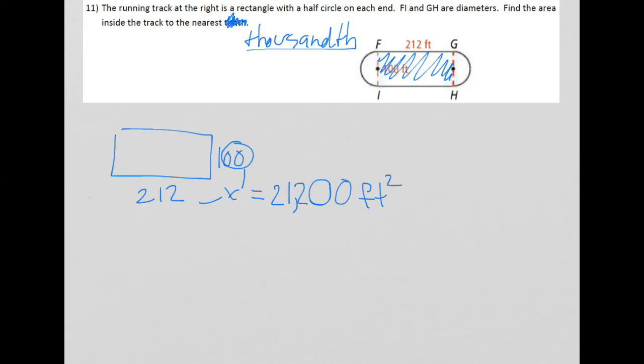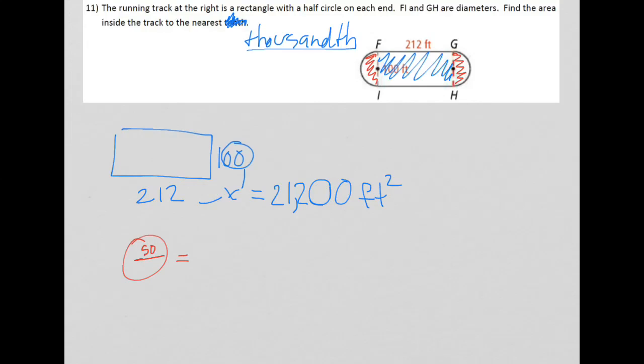Okay, well that's part of it, but I also need to figure out what the area of these two semicircles are. But luckily they have the same diameter, so two semicircles equal one real full circle, and the formula for the area of a circle is pi r squared, r being the radius, which is half of our diameter, so our radius is 50.